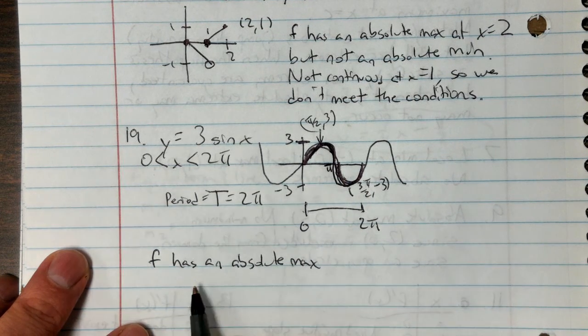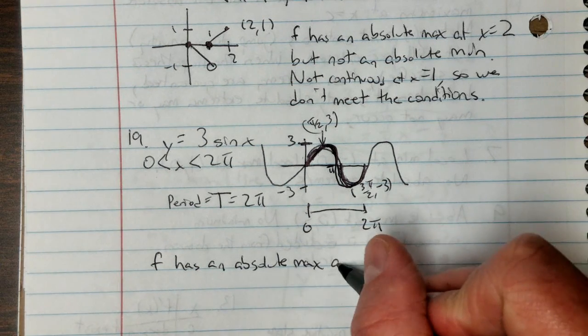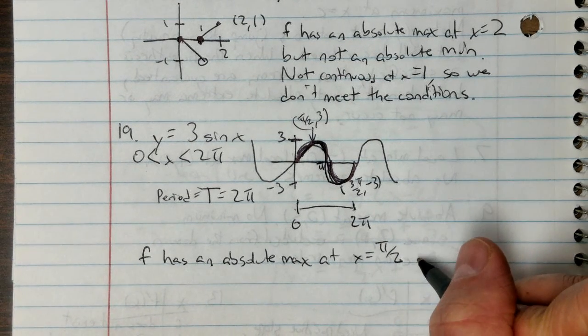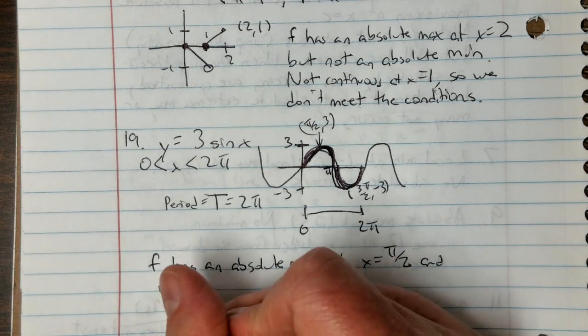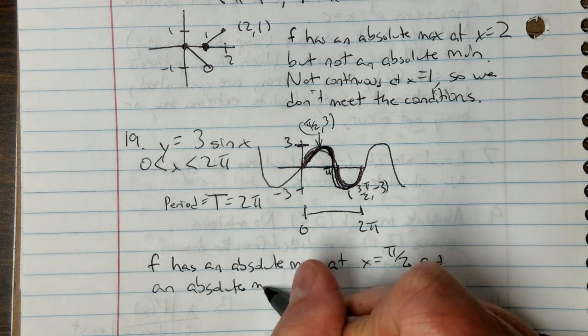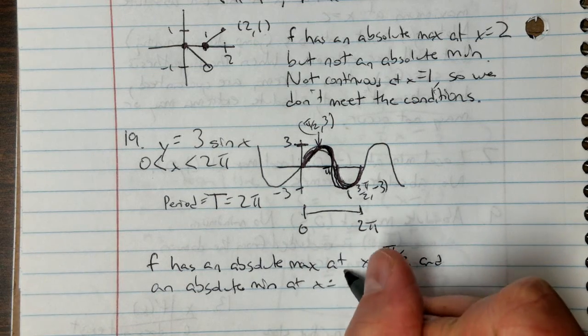So we put f has an absolute max at x equal pi halves and an absolute min at x equal 3 pi halves.